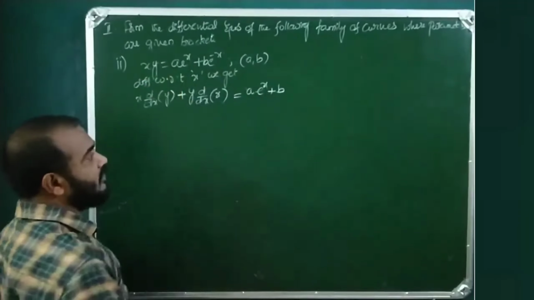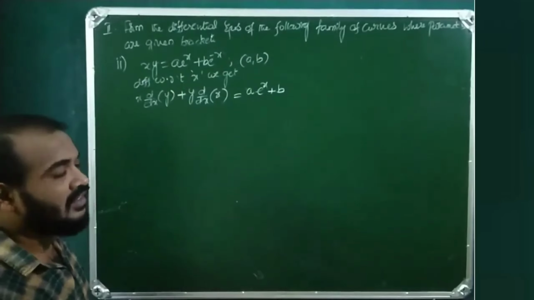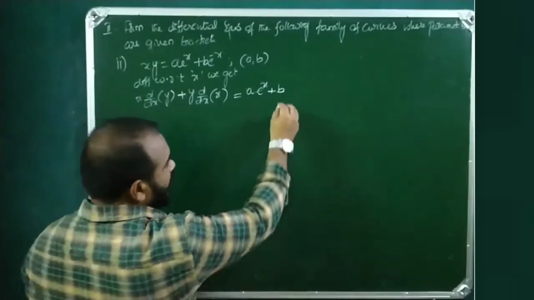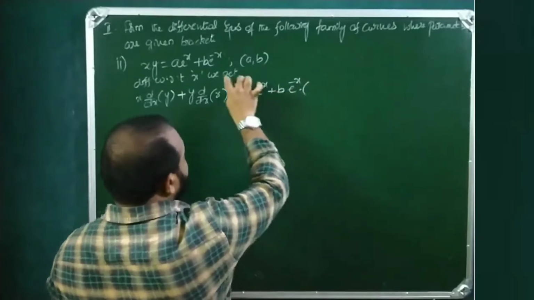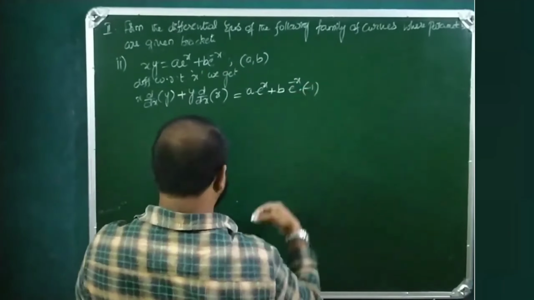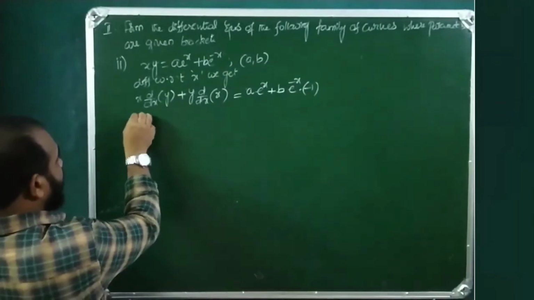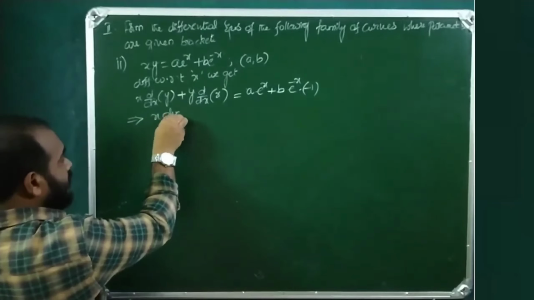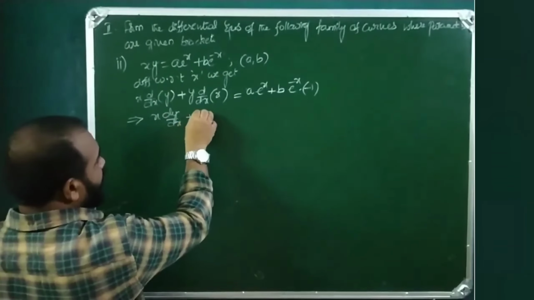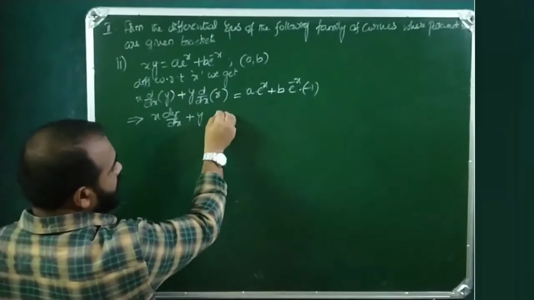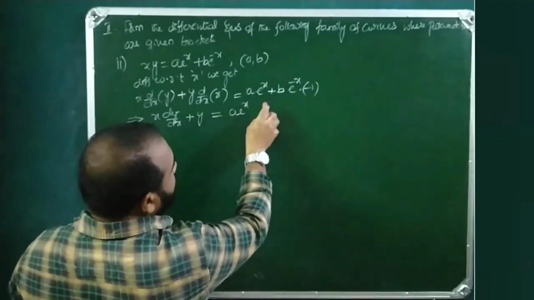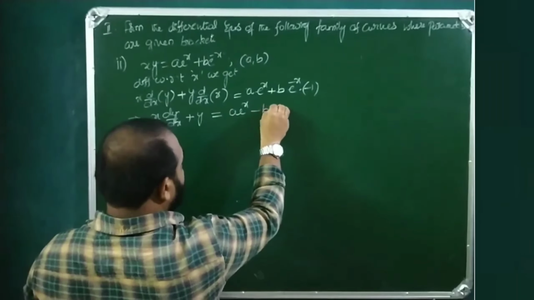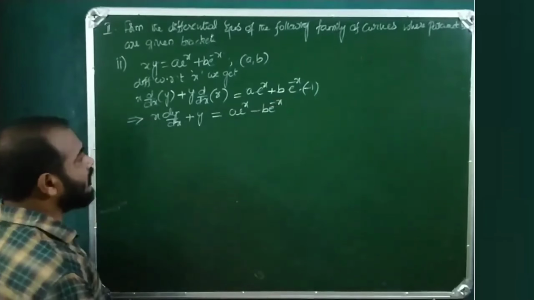Let us suppose this minus x to be x only. d/dx of e^x is e^x. So e^-x into d/dx of minus x is minus 1. This is x dy/dx plus y, d/dx of x is 1, is equal to a e^x minus b e^-x.